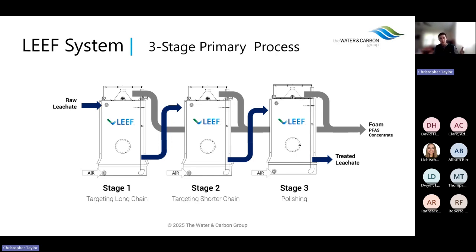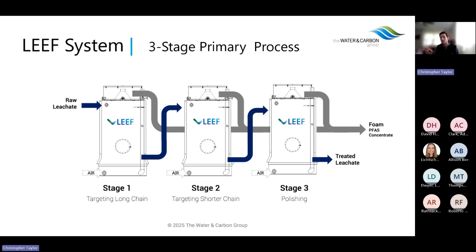The bigger one wins out in stage 1. So you're going to get more removal of long chain compounds in stage 1. Now that most of the long chain compounds are removed in stage 1, you can move to stage 2. Short chain compounds have more of an opportunity to take up that surface area space and be removed. Then you move on to stage 3. It's like a polishing type of step where anything left over has a chance to be removed.